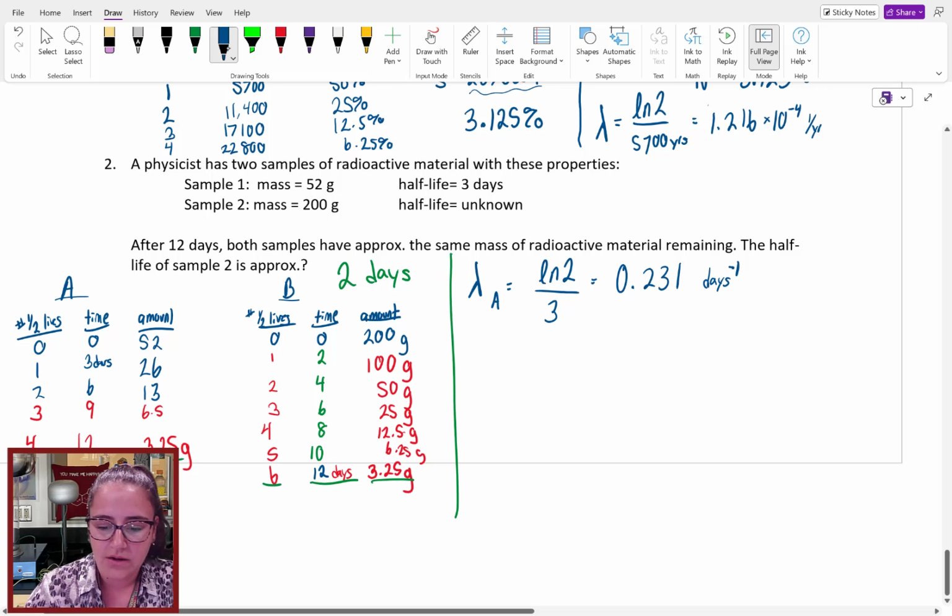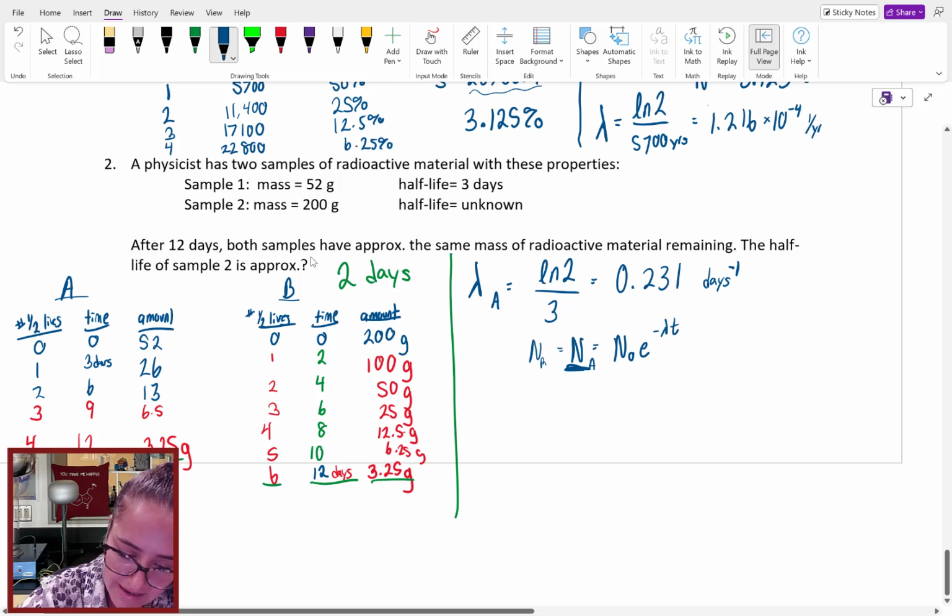So in that equation, we have that N equals N naught e to the negative decay constant times time. And it says that the amount is the same after 12 days, so we can set N_A equal to N_B.